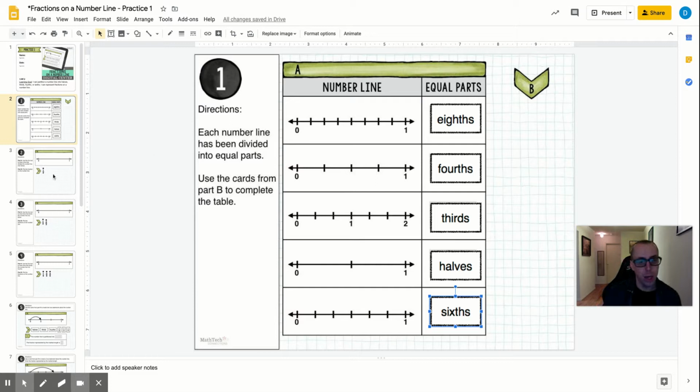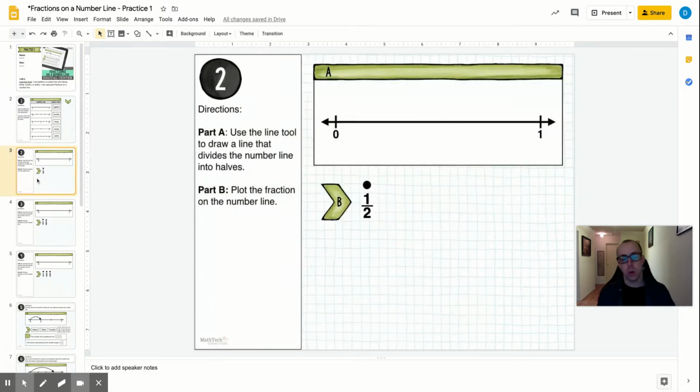Okay, now I will move on to the next slide, where you were asked to draw a line and plot the fraction 1/2. So to do that, I know some of you had a little difficulty with it. If you can't draw the line, that's fine. But I will show you how. You click on this line tool, and then you'll see this little cross shape, and we're going halfway. 1/2 is 1 out of 2 parts.